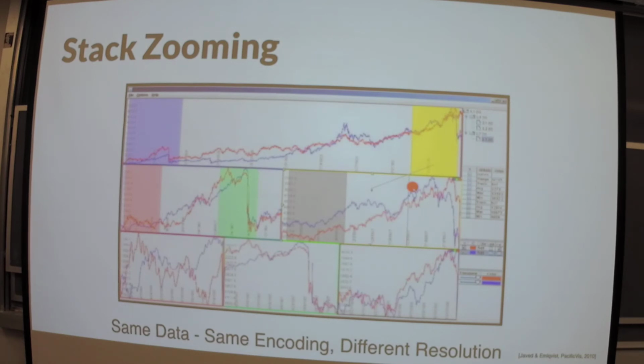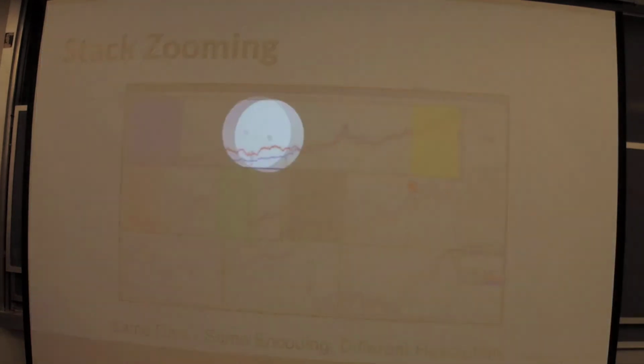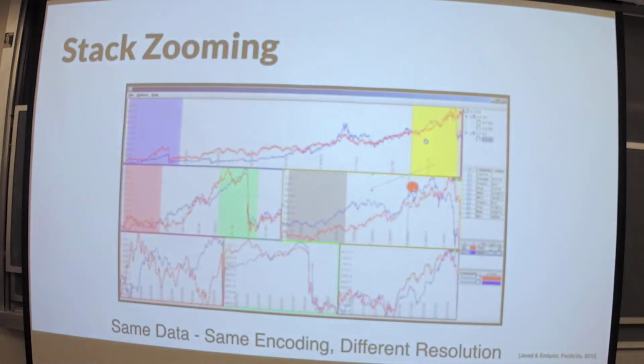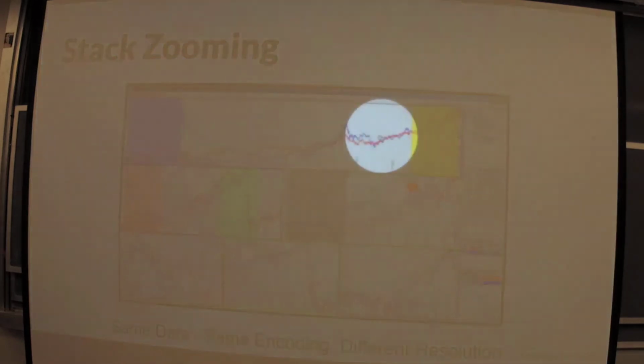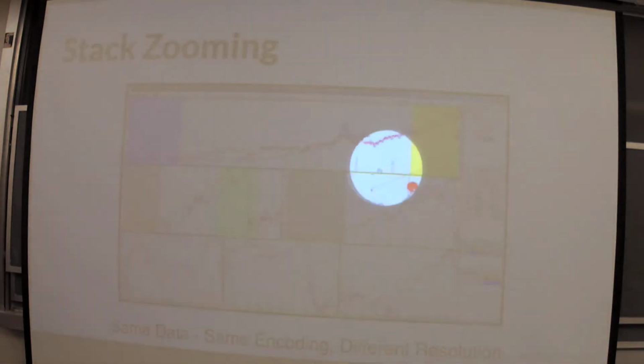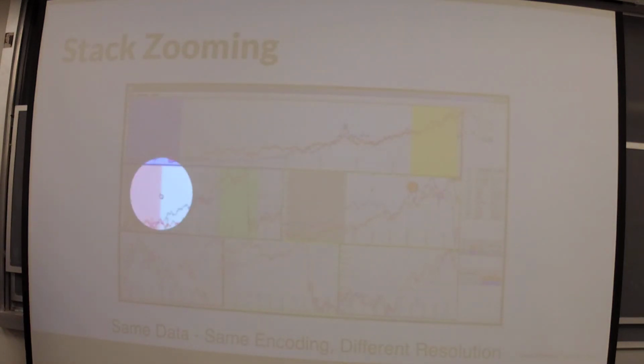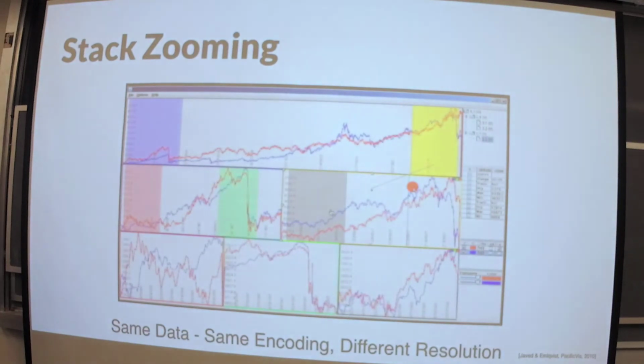You have a stacked zooming approach. This is a little bit hard to read, but here at the top, you have a timeline that spans a long stretch of time. And then there are two regions selected here, the blue region and the yellow region. This block here, from here to here, corresponds to the blue region, and this block here probably corresponds to the yellow region.